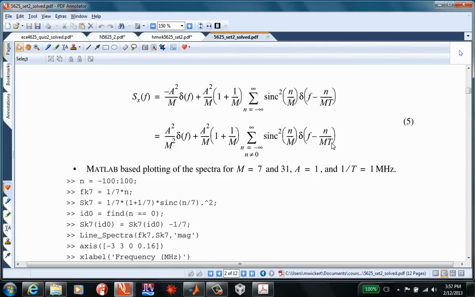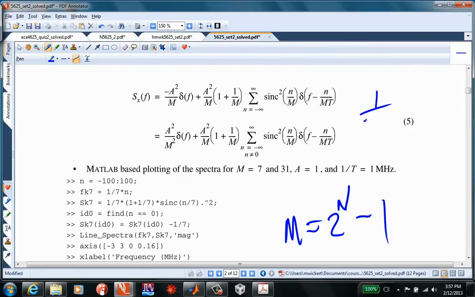So I think I've got kind of a confusion factor in here. So it's 7 in this case. So it's 7 times the period. 1 over 7 times the period. So the spectral lines are going to be spaced at that amount.